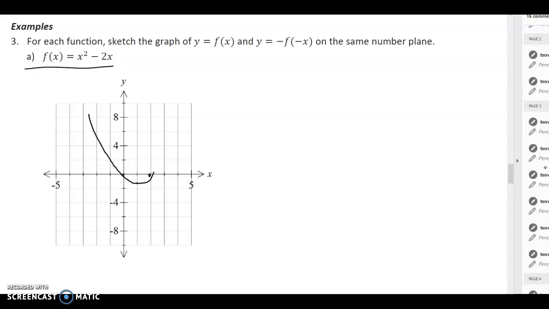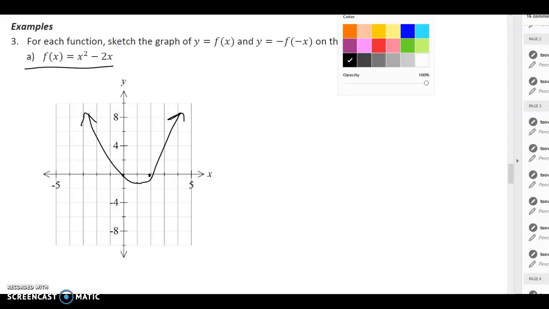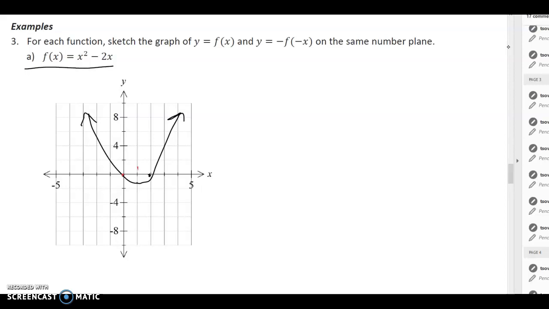It was a parabola like that. When we reflected it in the x-axis, it got us a function that looked like this. And so that is minus f of x.